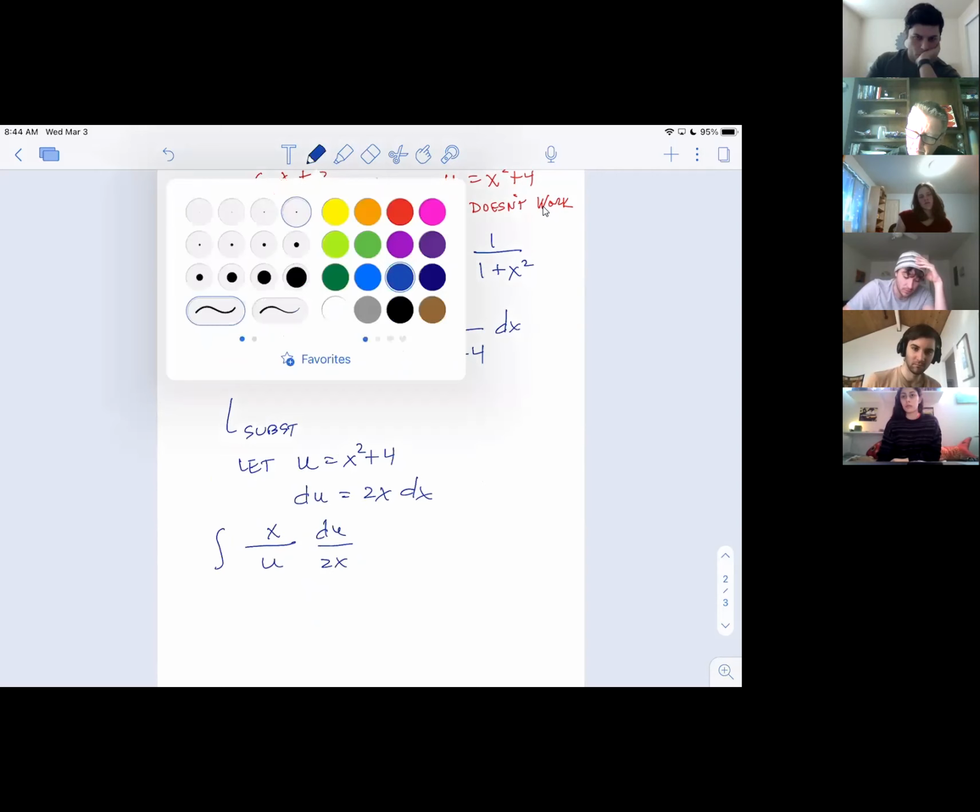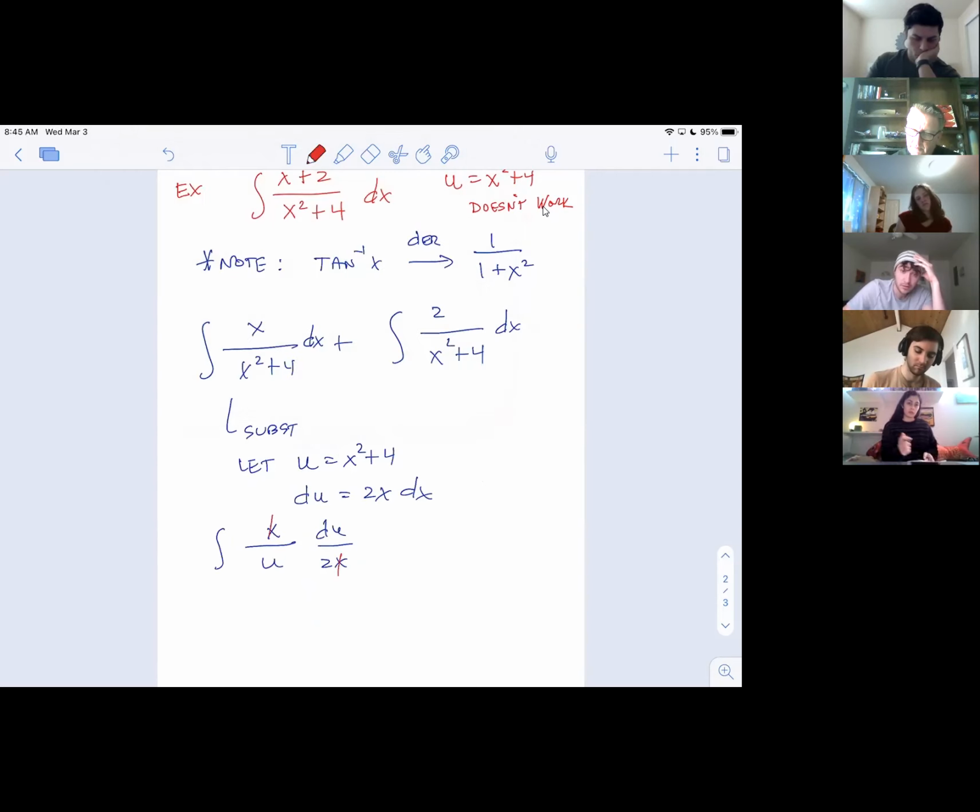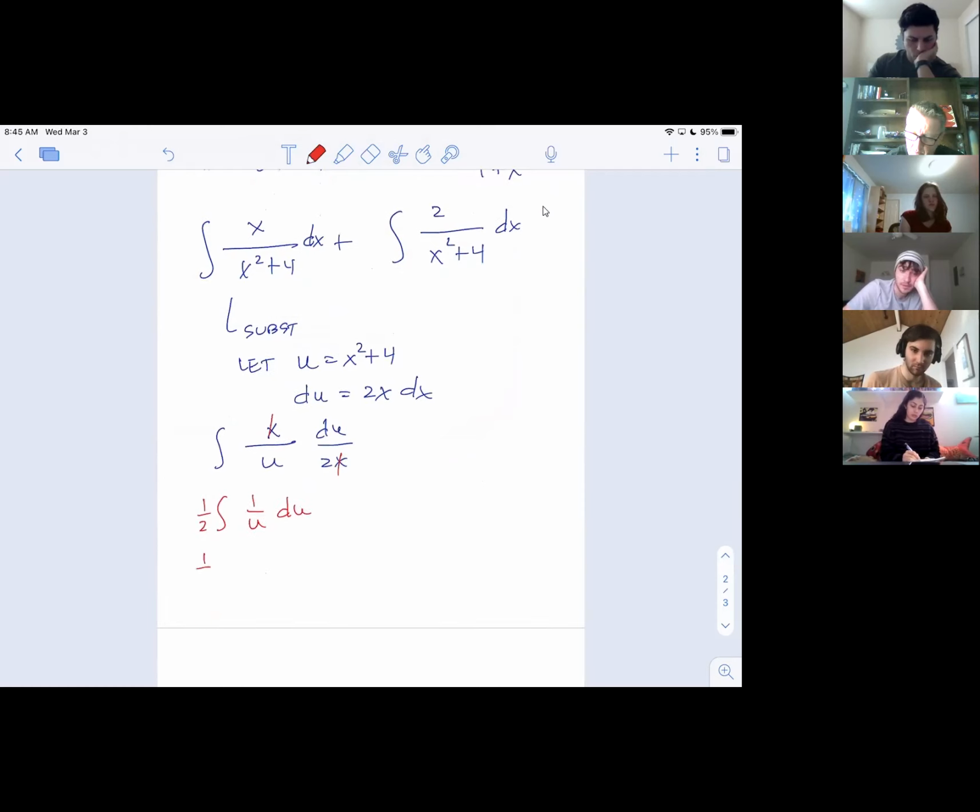Sweet, then those x's cancel. So then the problem just becomes 1/2 times 1 over u du. That's natural log, so that's 1/2 natural log of u, and then I can put x squared plus 4 back in there. Awesome.